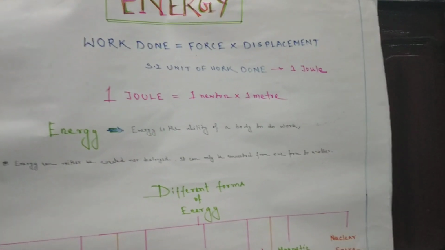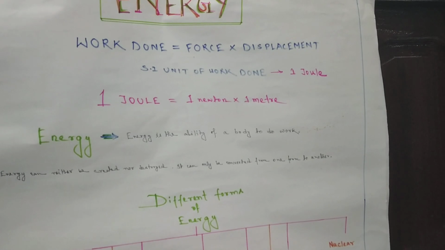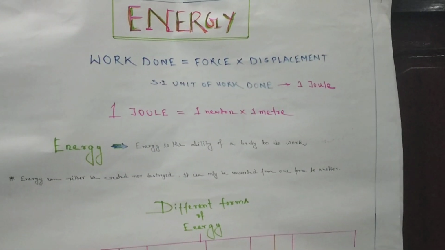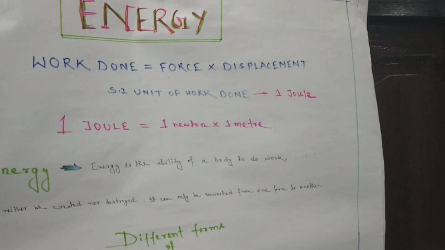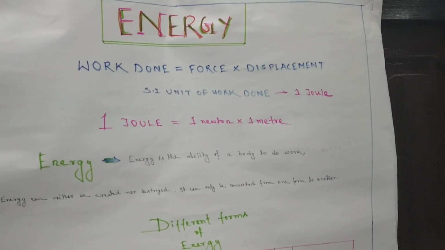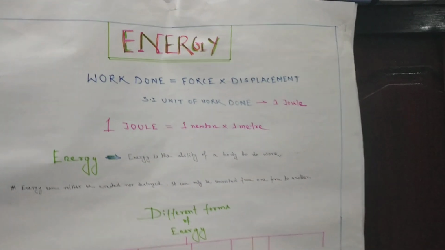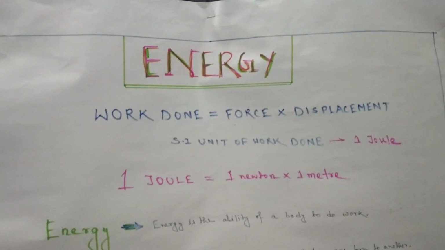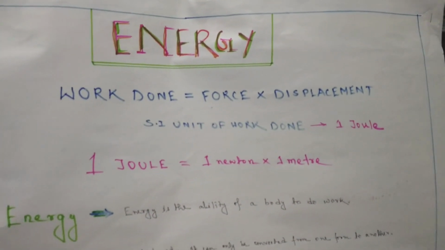So if we apply some force on an object and the object displaces from its initial position, then we can say that the force applied on that object has done some work. And the measure of work done is equal to force into displacement.